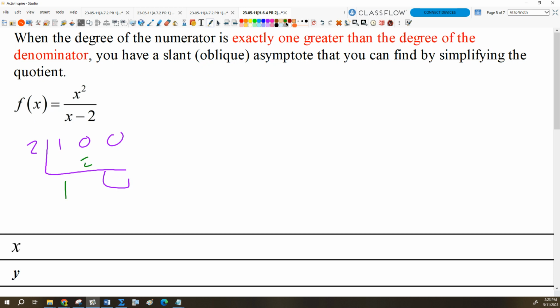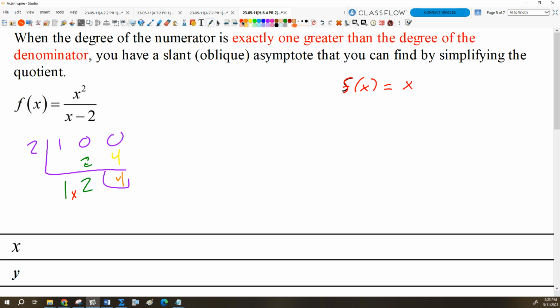Okay, so if I divide that out, I bring the 1 down. 1 times 2 is 2, plus 0 is 2. And 2 times 2 is 4, which I add, and I get a remainder of 4, right? So what does that mean then? That means that this function is actually equal to, if I divide it out, I get the polynomial, that's my constant, so that's the coefficient of x, right?